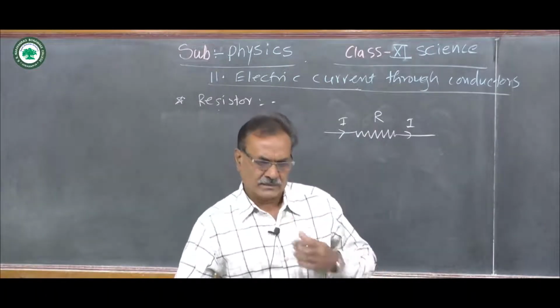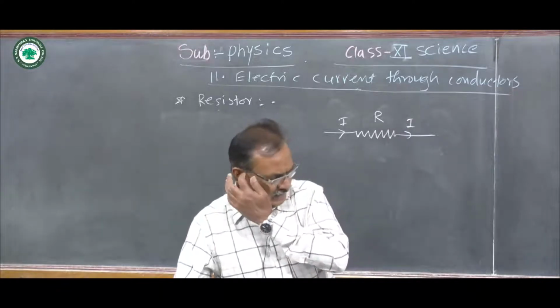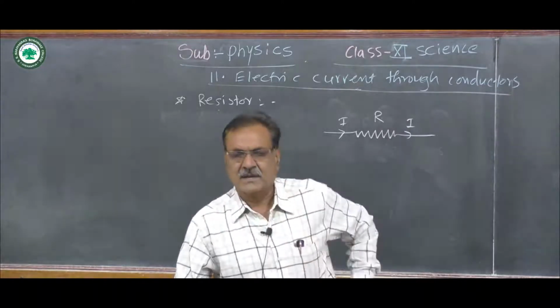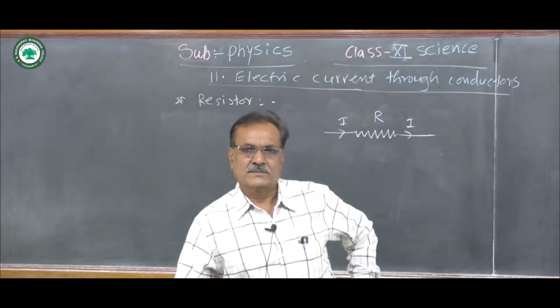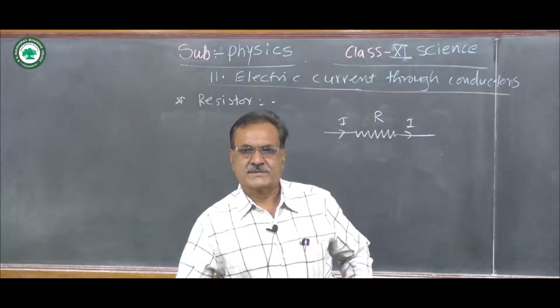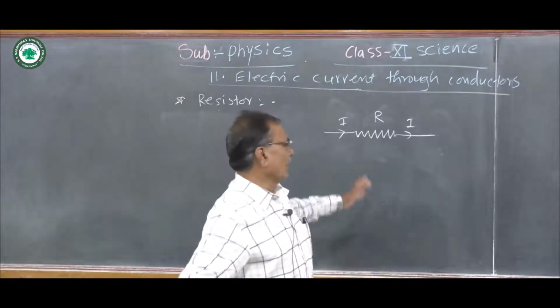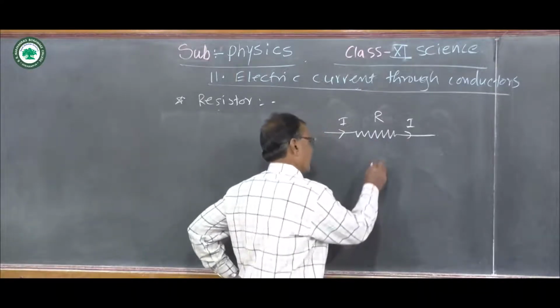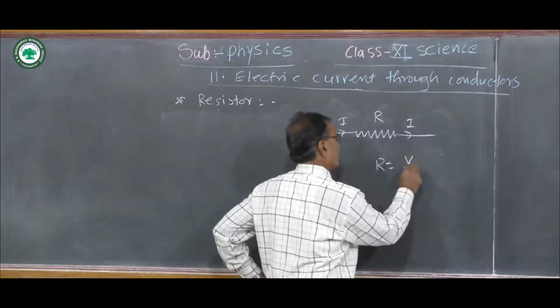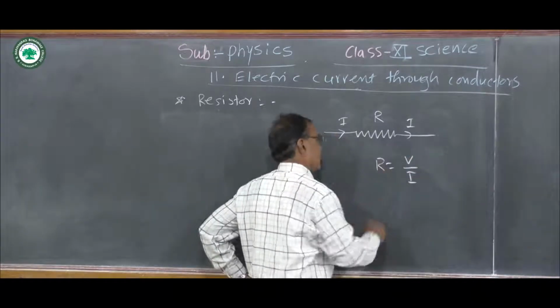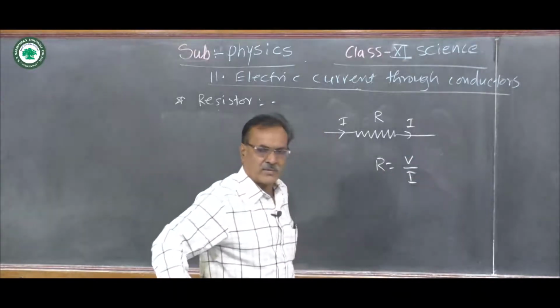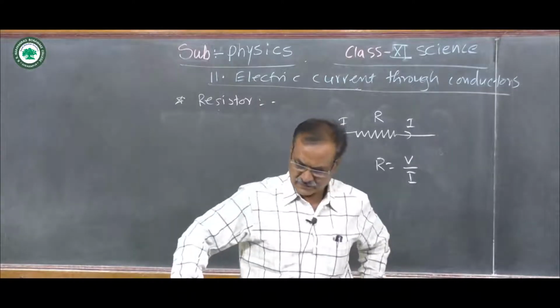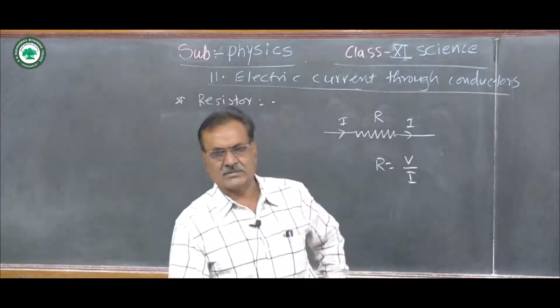When the value of resistance is higher, then a lower value of current flows through it by Ohm's law. That is, Ohm's law is R equal V upon I.